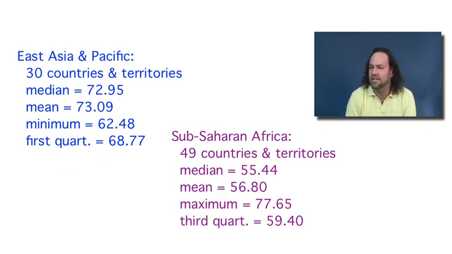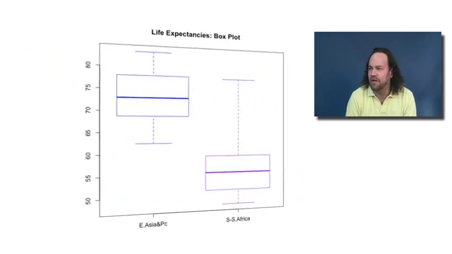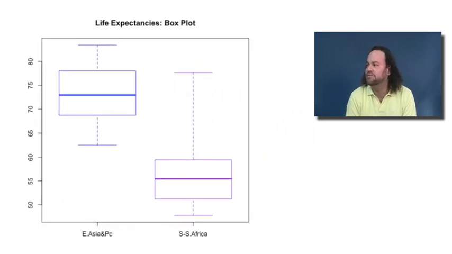We can see this a little more clearly if we make box plots for each of the 2 regions and put them side by side. Here we see a box plot for the life expectancies of the countries and territories in East Asia and the Pacific, and right next to it, a box plot for the life expectancies of the countries in sub-Saharan Africa.